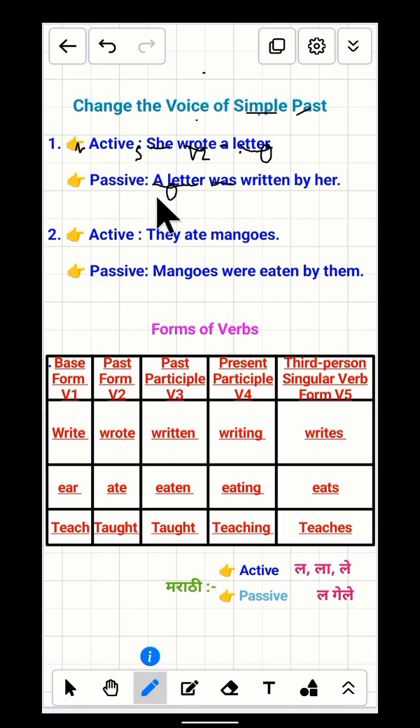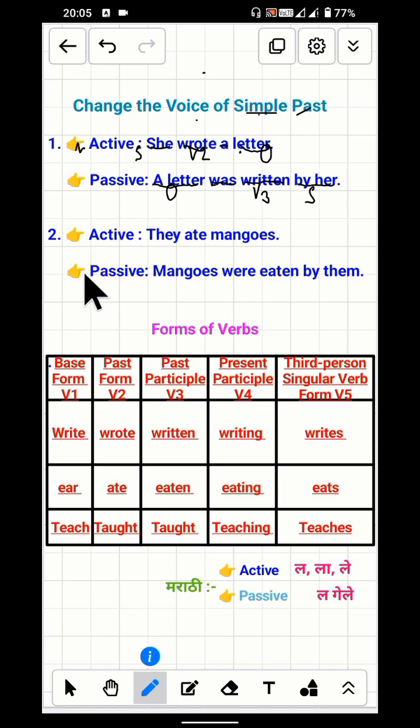Because here we are talking about a letter, that is singular. When it is singular, we use was, and after that written is the third form. And by her is our subject. So object, verb, subject. That is how we solve active to passive.